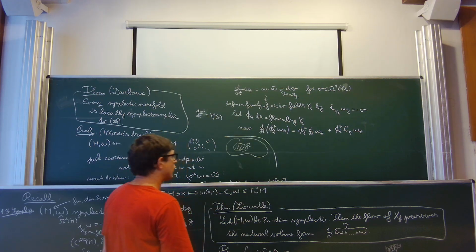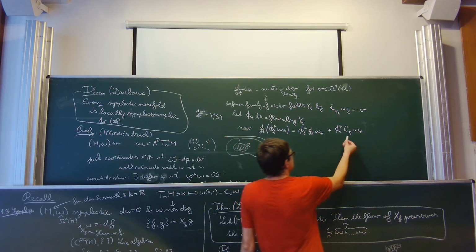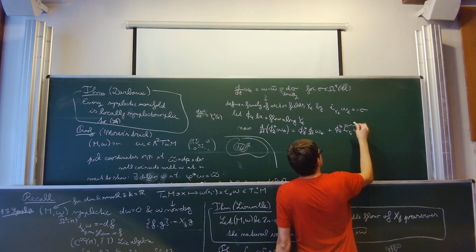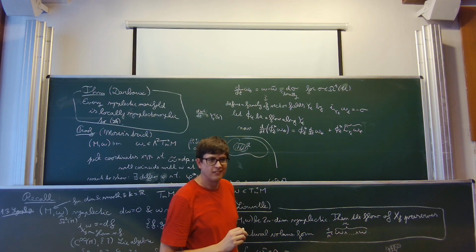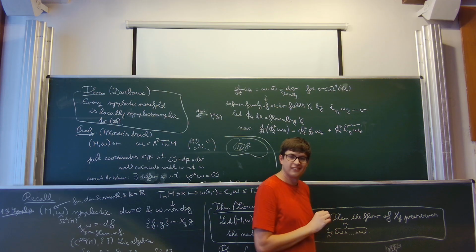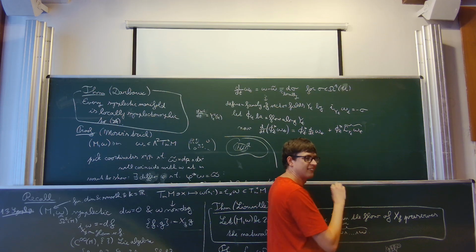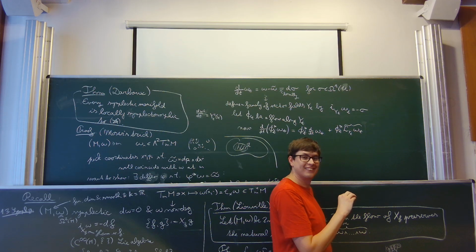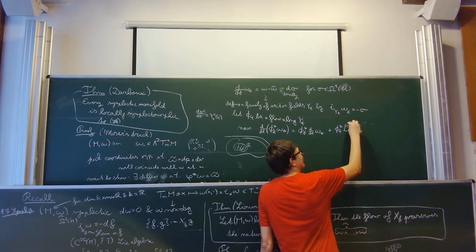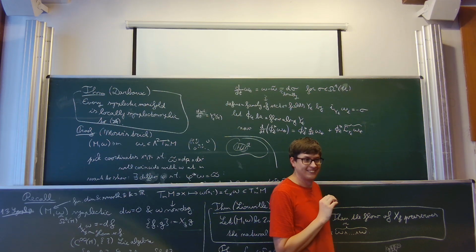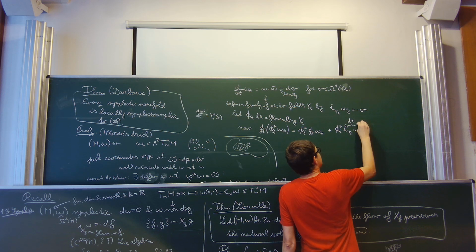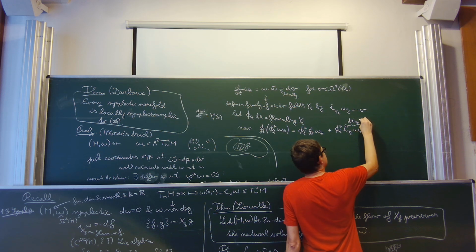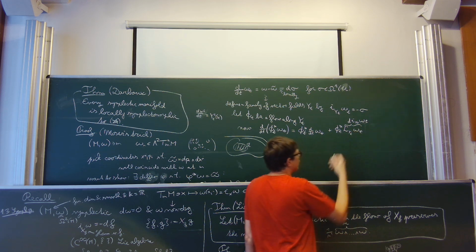So now we are almost done. Let's write what this is. Using the Cartan magic formula, what will I get? It's d of i of t, and the other term I don't get because omega is closed.